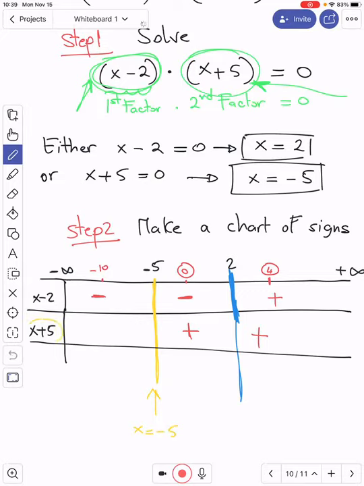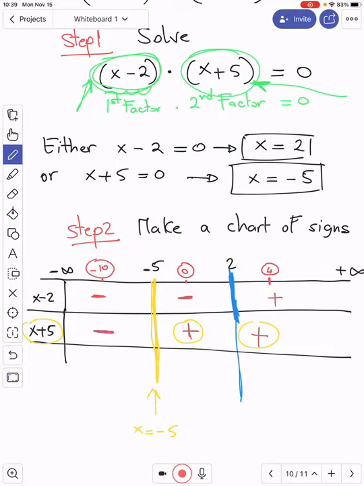If you pick a number on the right side of the yellow line, x plus 5 is going to be positive. And now if you pick a number on the left side of -5, for example, this -10 here, then -10 plus 5, of course, is going to be -5, which is negative. So on the left side of -5, x plus 5 is negative, right?